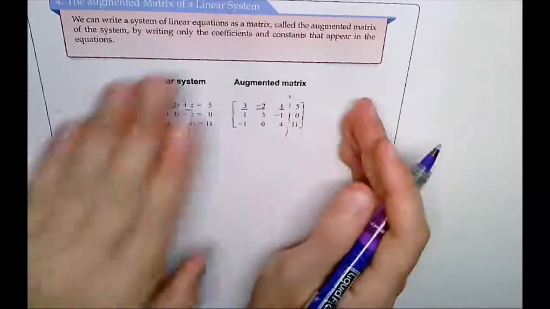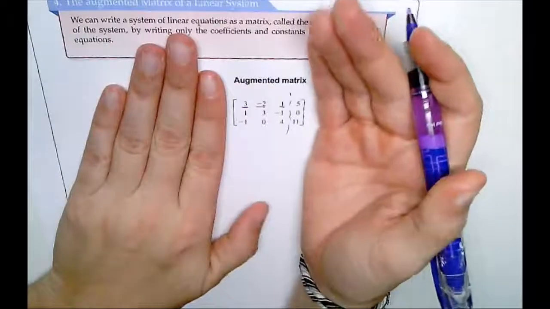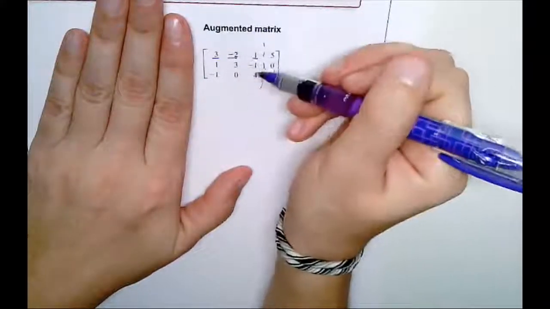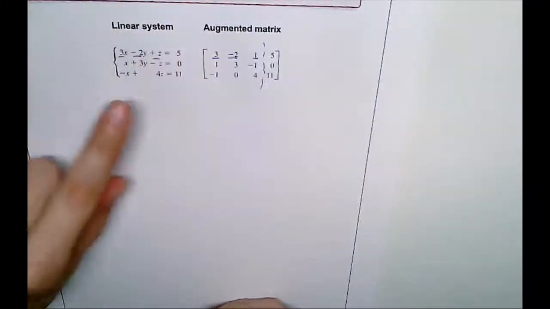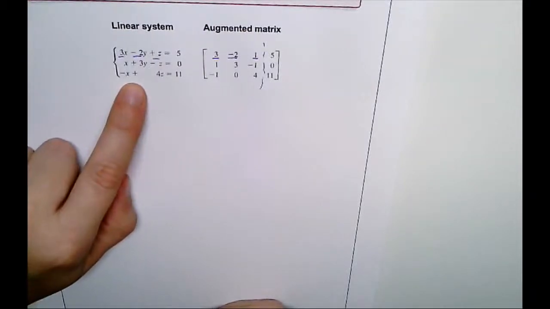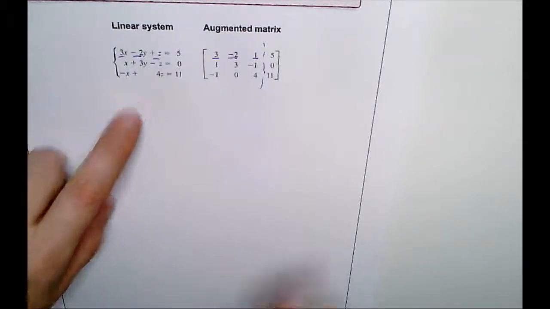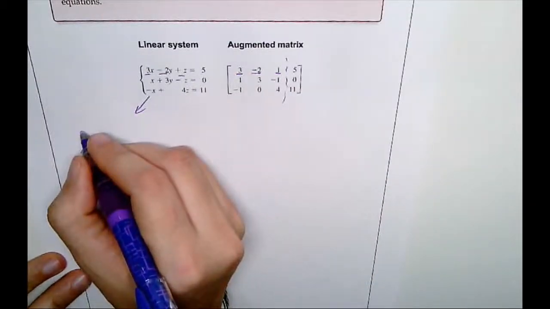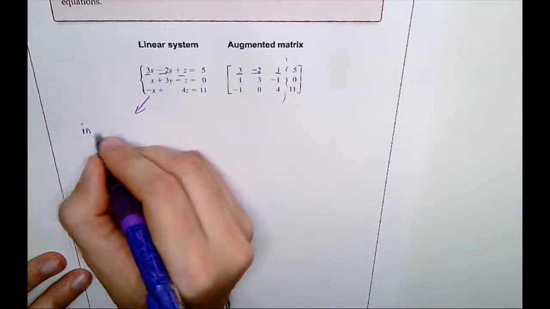This is a simplified form because I don't have x, y, and z in here. So the trick is going to be, I'm going to do something to this matrix, and then in the end, I'm going to get the solution for the system. And you'll see how. We can even write this system in what we call matrix form.